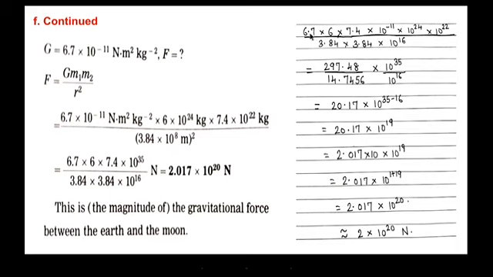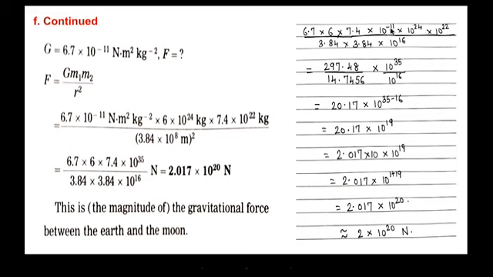So in the numerator we will get 6.7 × 6 × 7.4 × 10^-11 × 10^24 × 10^22, upon 3.84 × 3.84, because it is squared, × 10^16. So (10^8)² using indices is 10^16, since (a^m)^n is equal to a^(m×n).